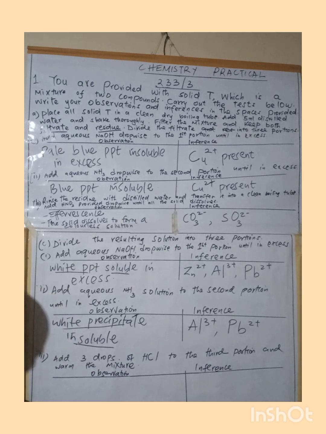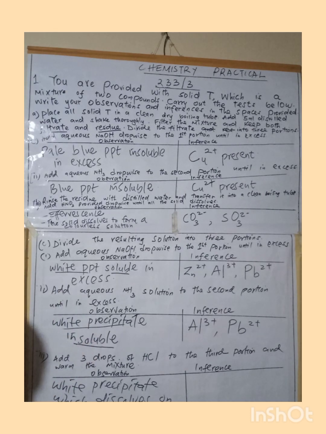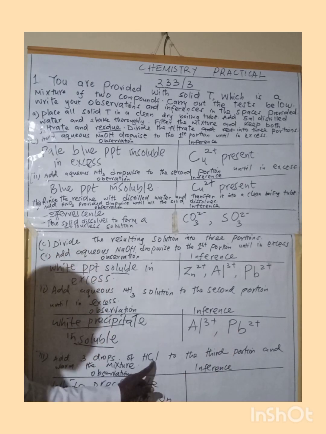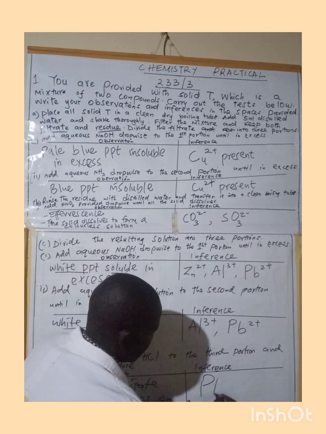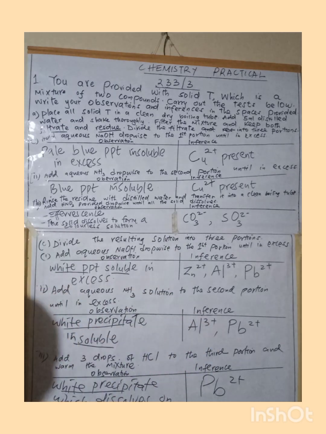So the observation which was made is a white precipitate which dissolves on warming. So if that is the case, that must be lead chloride. That means lead ions are present.